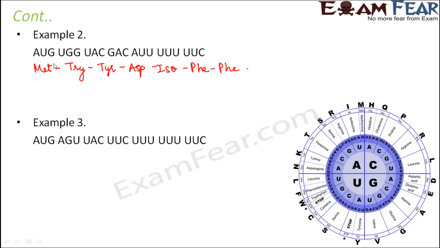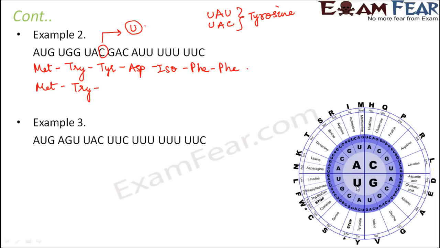Now here also if we bring about a change, let us suppose here we have UAC, and we replace this C with U. Then what would happen? The others will remain the same, but earlier UAC was for tyrosine, and now it is UAU. Both UAC and UAU code for tyrosine.